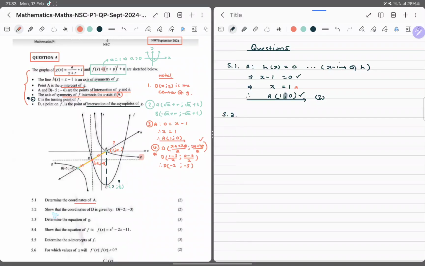5.2. Next question says, show that the coordinates of D are given by... My Lord, we did it. Can you see? Can you imagine? 2 marks, guys. But look at how hidden this question is. A concept from analytical geometry, but by just knowing this is the center.